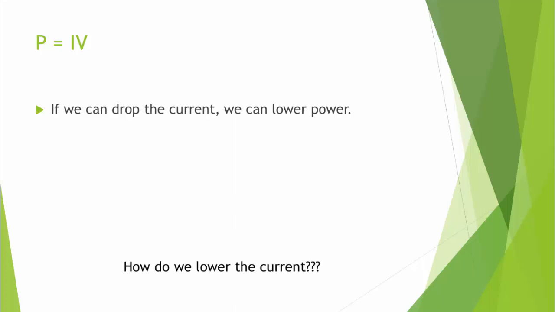Now, if we return to our P equals IV equation, we can examine this and realize that if we drop the current, we drop the power. Now you can pause the movie again and think about how are you going to drop that current? How can we lower the current?